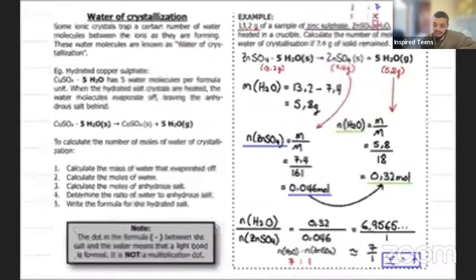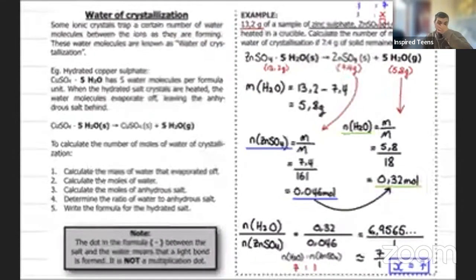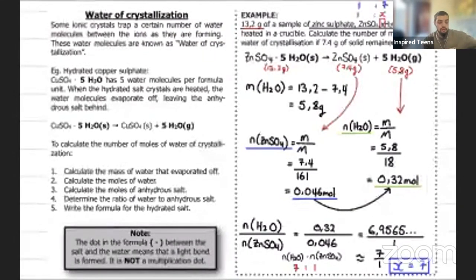I hope you guys understand the concept of having the mass of the total salt with the water, and then they tell you the mass of the solid afterwards, or the salt afterwards, and then you can subtract them to get the mass of the water. Ultimately what you want is to convert them both to their moles. You cannot compare their masses because their moles take into consideration the molar mass.